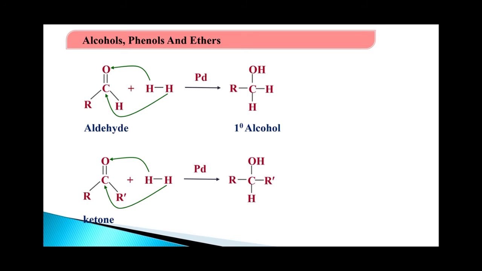We are going to get RCHOH R dash, a secondary alcohol. Remember, aldehydes will always lead to primary alcohol, and ketones always lead to the formation of secondary alcohol.